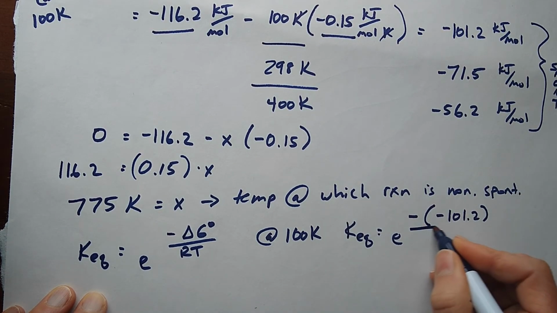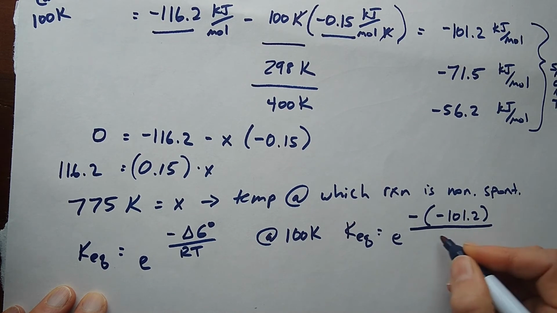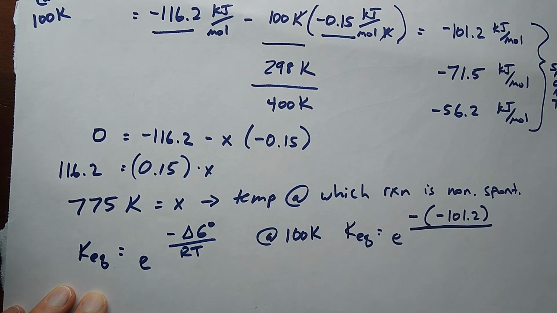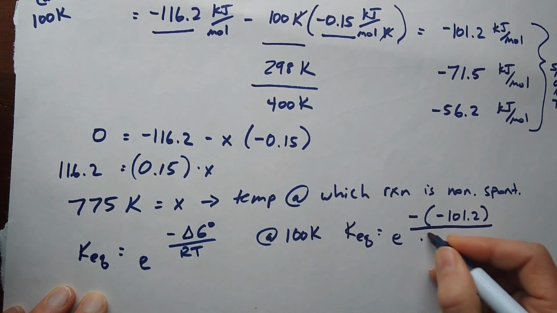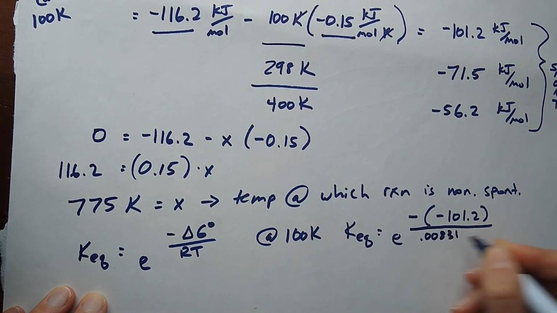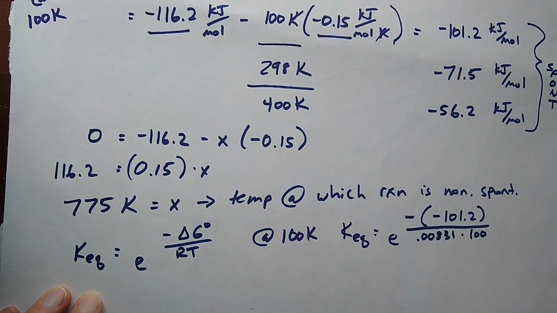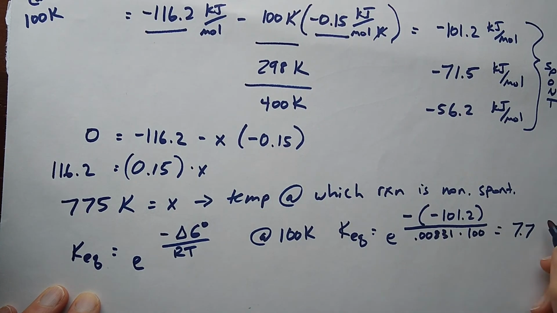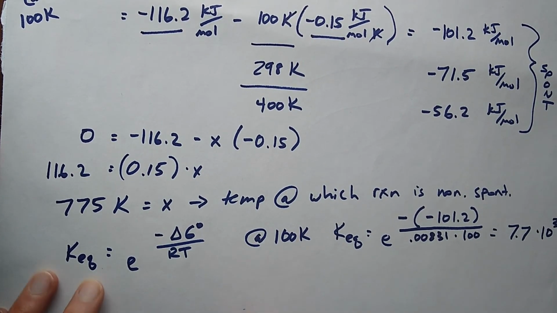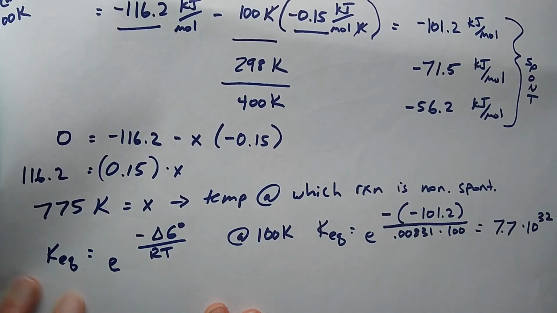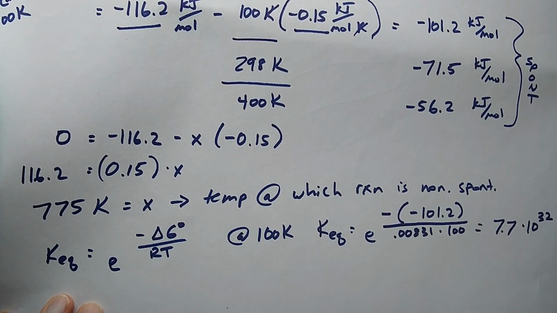So this is actually going to end up being a positive exponent, or a number greater than 1 when I take the exponential, divided by 0.00831 times 100. And when I do this out, I end up getting a very large number, 7.7 times 10 to the 32nd power. So that's my equilibrium constant for 100 Kelvin.